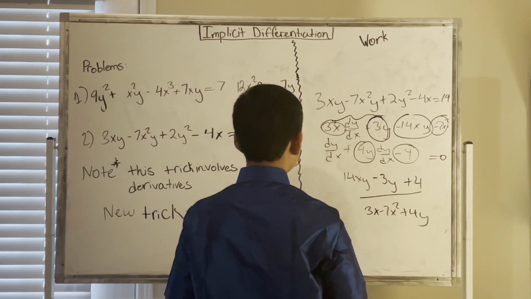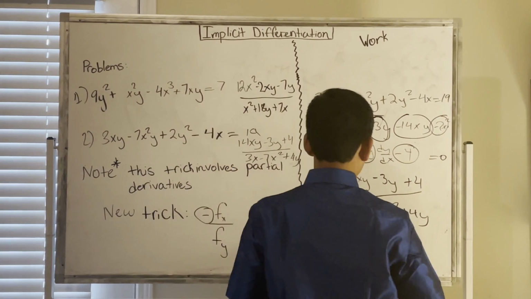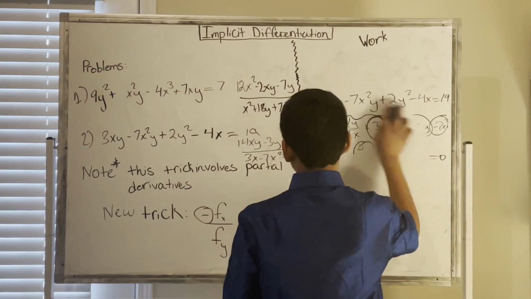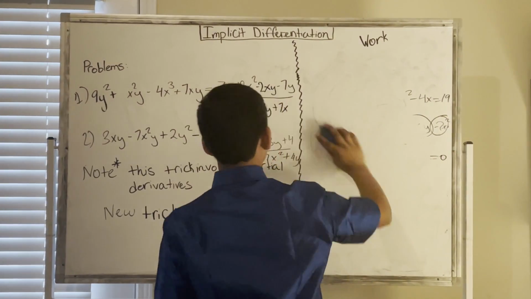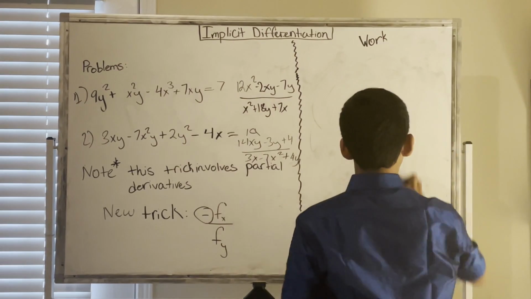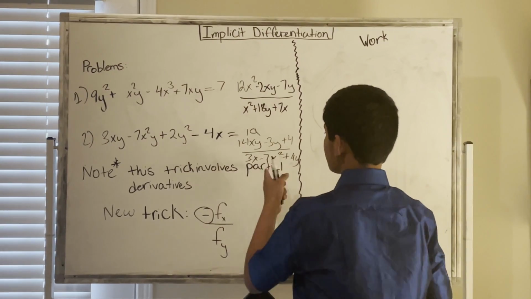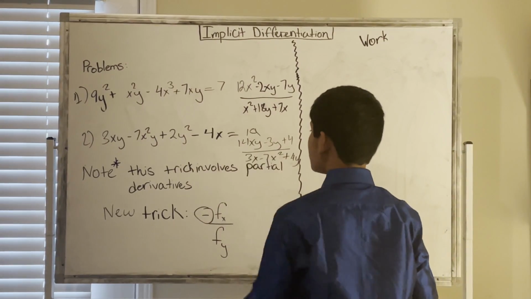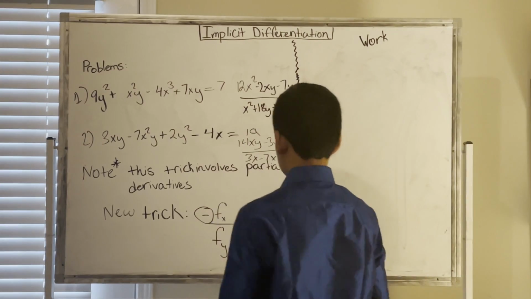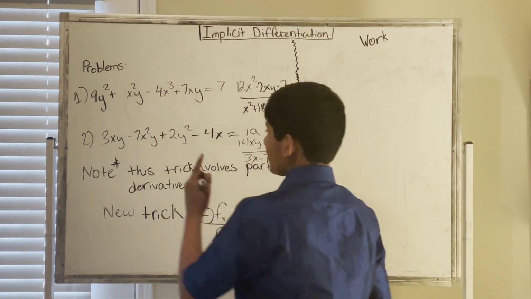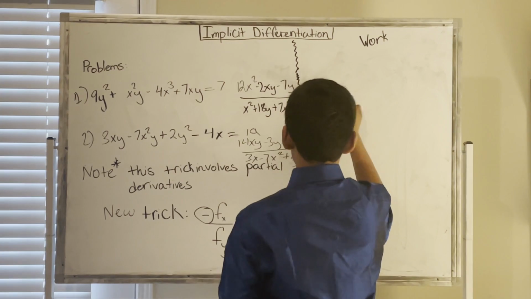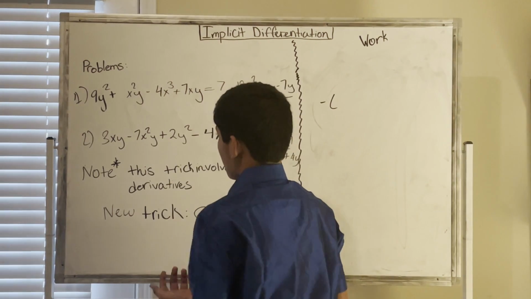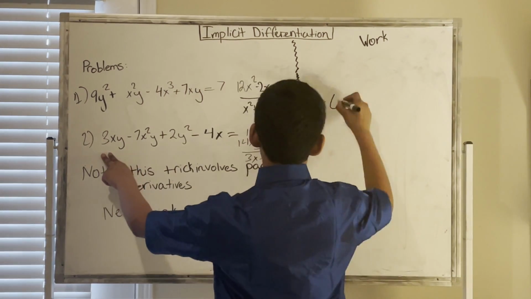Now let's check this with our formula. The denominator is 3x minus 7x squared plus 4y. The numerator says 14xy minus 3y plus 4. Okay, so let's use this formula. Minus 1 multiplied by, this becomes 3y.